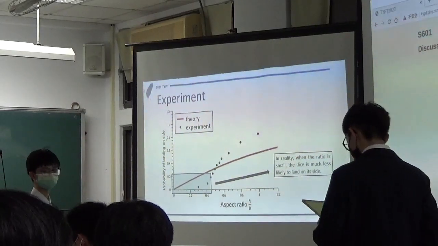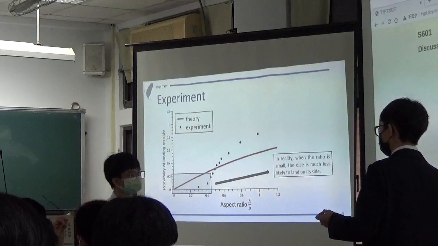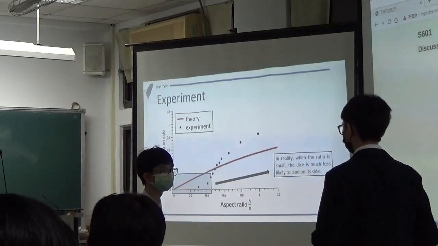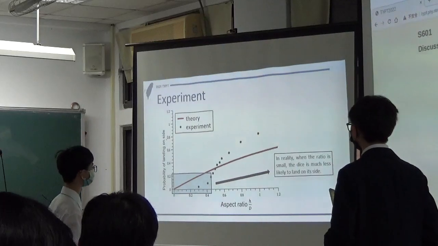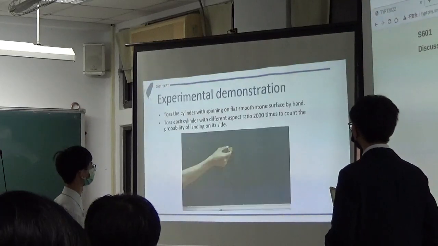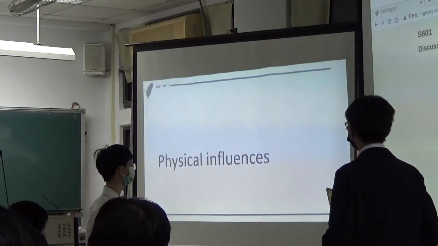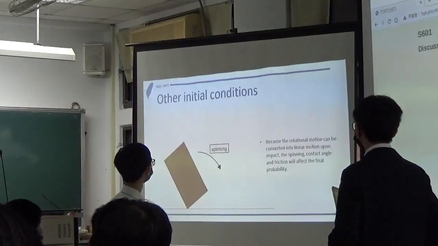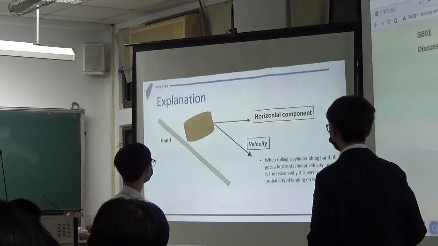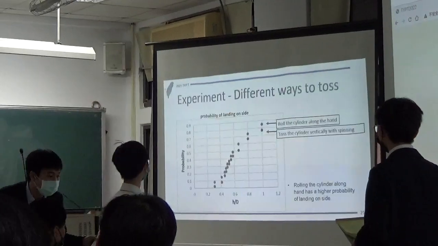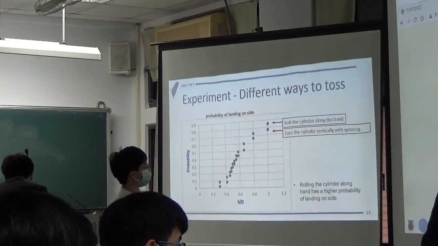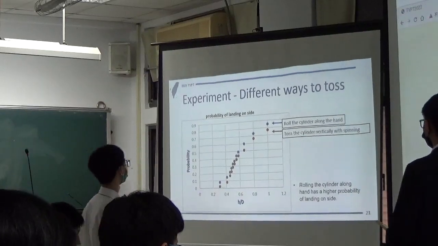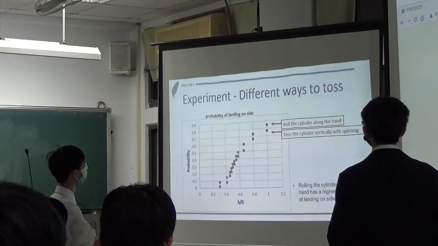And do you think that the way you release the dice will affect the result? Yeah. I just show the result of our experiment. Why do you think that will affect it? So I compared different ways to toss.